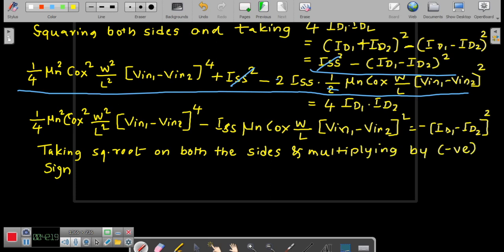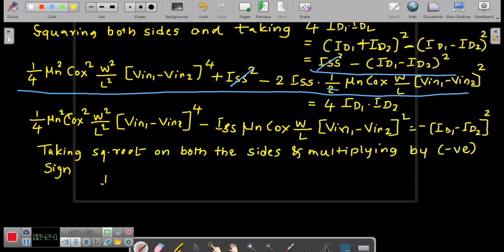Why I have done that is, I want ID1 minus ID2. Right? I want ID1 minus ID2. So that is possible only when I take the square root here, multiplying it by a negative sign, because the already existing negative sign vanishes off. So that will further alter your left hand side, because I want the value of ID1 minus ID2.